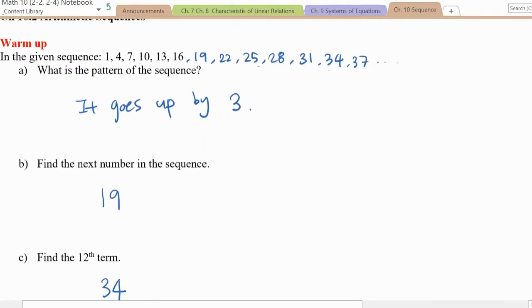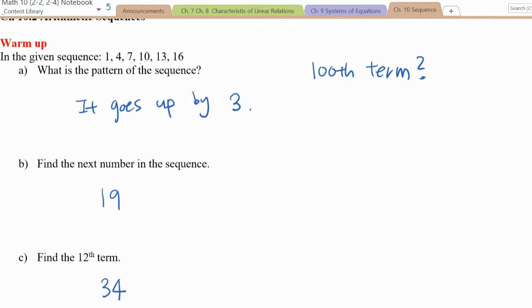But everyone, what if the question asks you to find the 100th number, right? So how would you find the 100th term? Any idea? So in this case, we're going to look into the pattern, alright?